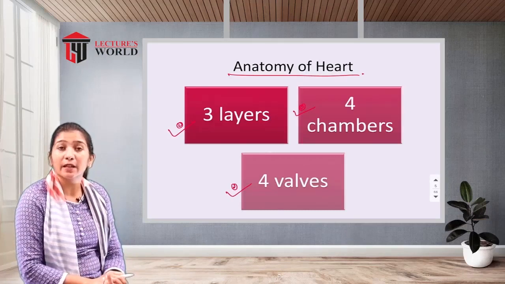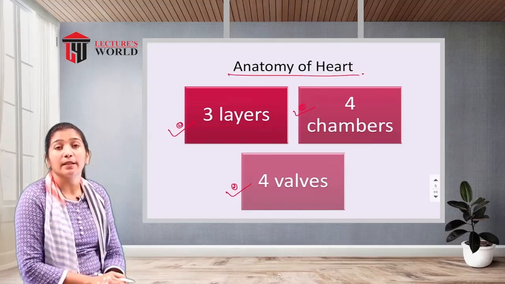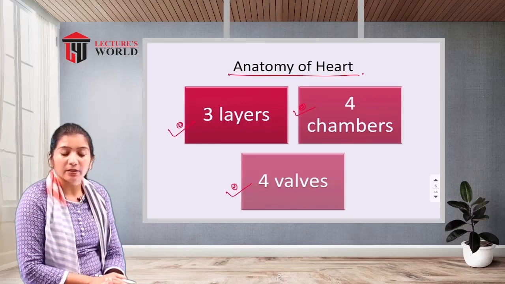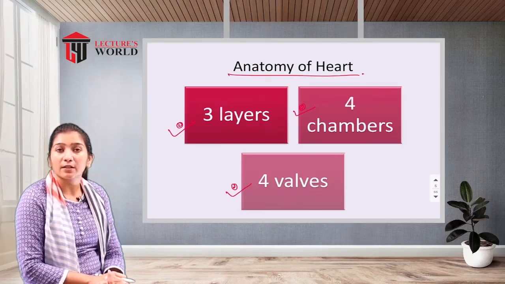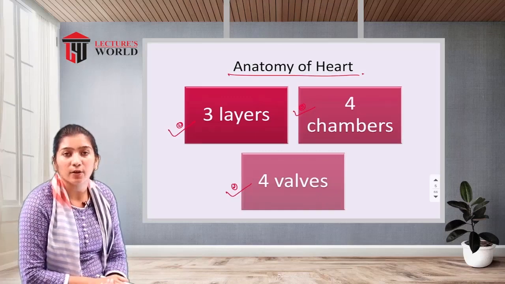There are 3 layers in the heart: pericardium, endocardium, and myocardium. There are 4 chambers: right atrium, right ventricle, left atrium, left ventricle, and 4 valves: mitral valve, tricuspid valve, pulmonary valve, and aortic valve. So first we will discuss the layers of the heart.